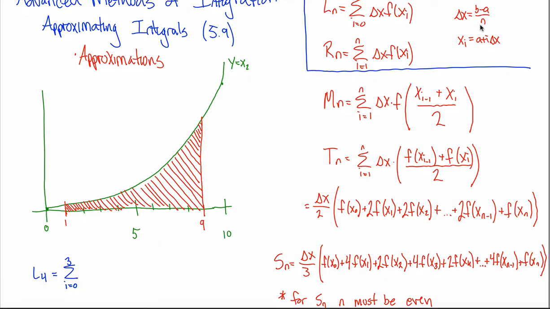But delta x would just be 2 in this case because playing the role of b would be the 9 and playing the role of a would be 1, and 9 minus 1 is 8, and 8 divided by 4 is just 2. And then to figure out my x_i values, I take a, which is 1 in this case, and I add i times delta x, so I get 1 plus i times 2, or 2i.